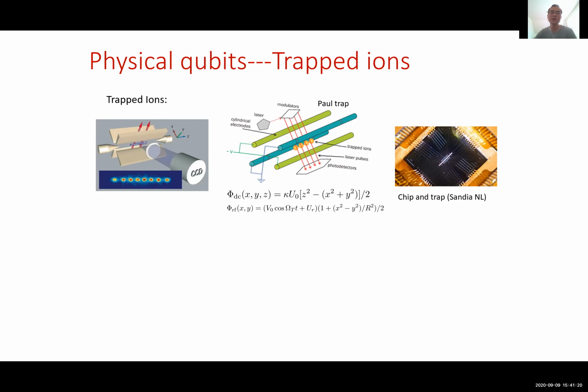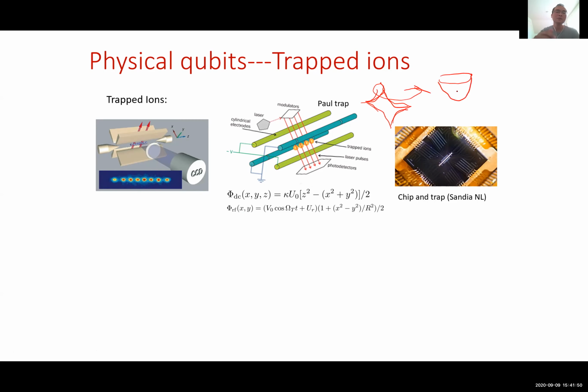The upshot is that it creates a quadrupole or some kind of saddle shape potential. It's like a saddle on a horse, but because of the AC field, you could actually create a potential which is stable. So on average, you have a potential which is very stable.